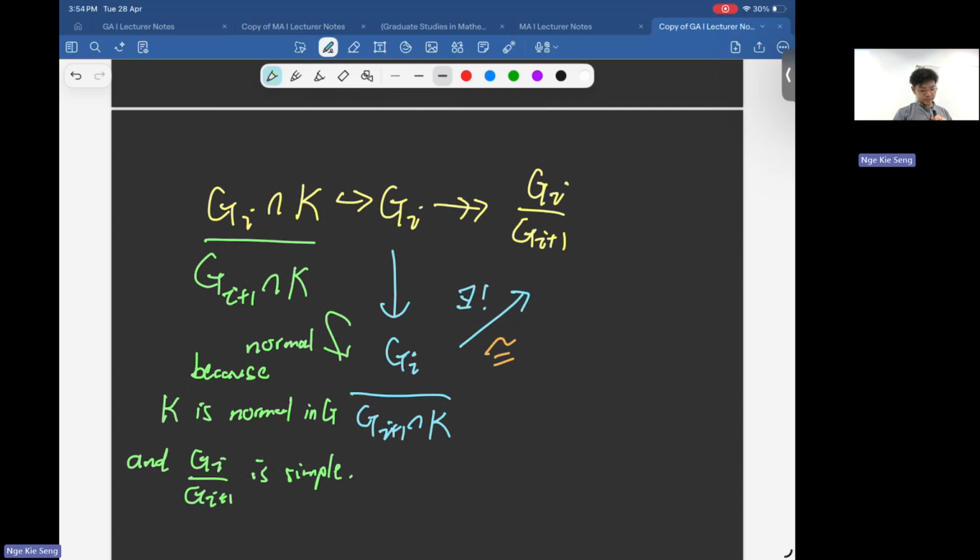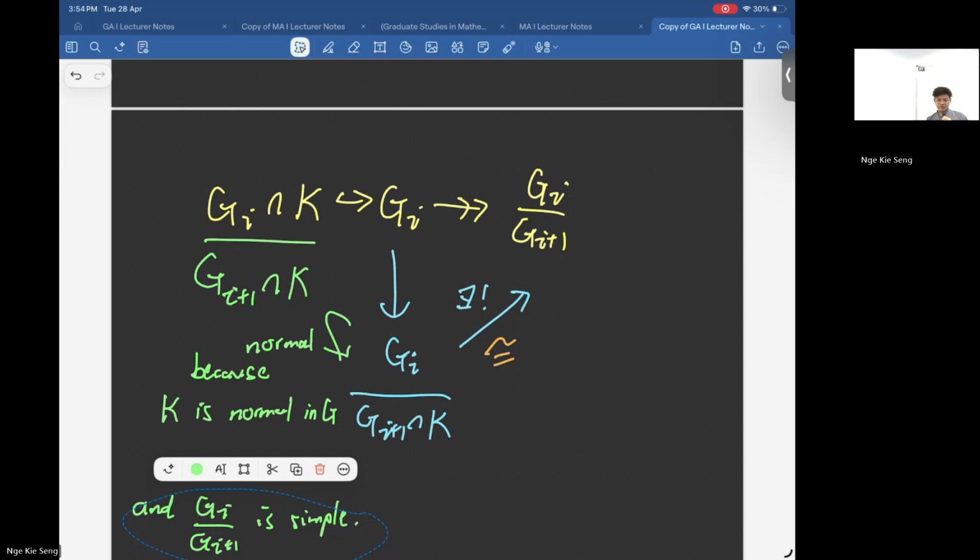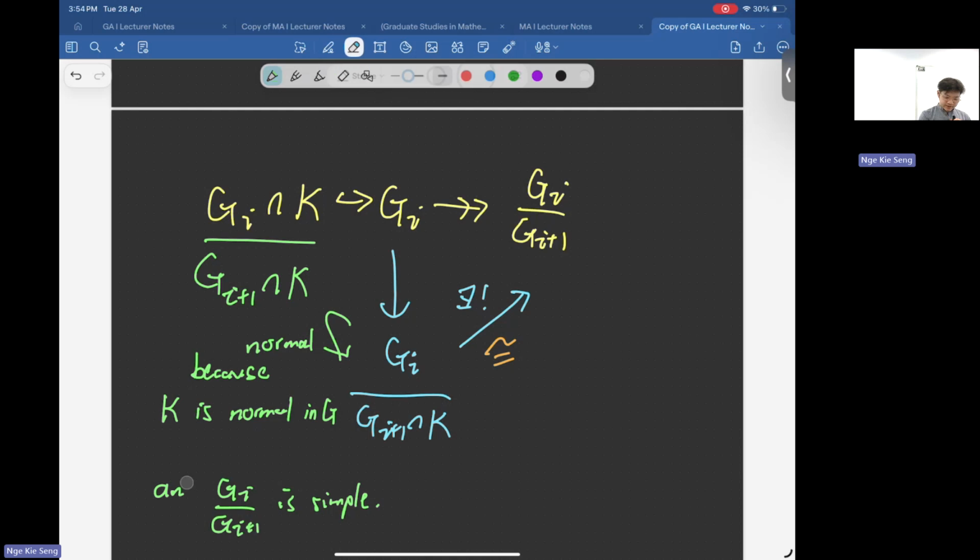So what are we claiming here? Oh, okay. So maybe this one first. Okay. So this is normal, because K is normal. And then from this is simple, what does it say? Since this quotient is simple, and then you found a normal subgroup that is inside a simple group, what does it mean here?